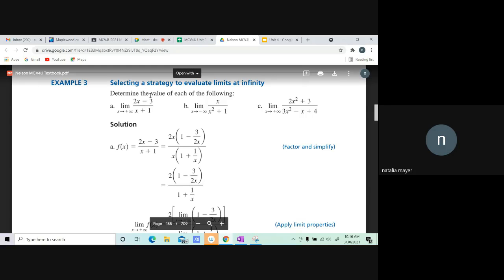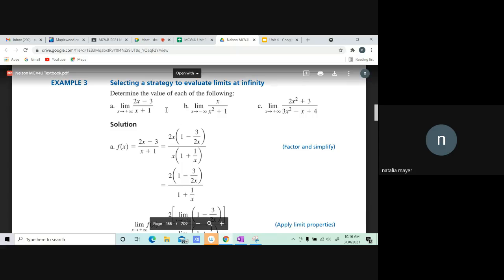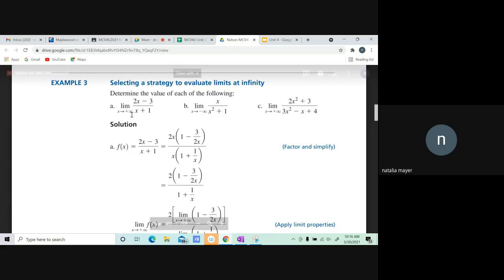Can you anticipate the value of this limit before you start doing the steps? If you know that the limit of this function as x approaches infinity is exactly the same as the horizontal asymptote, is it going to be 2? Yes. How did you know? Explain.